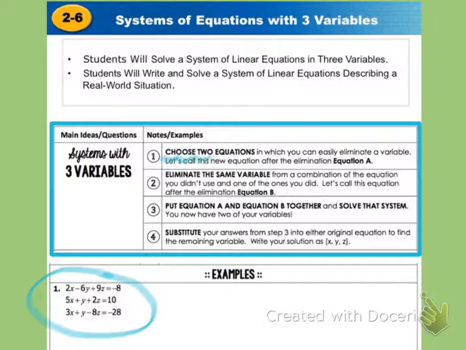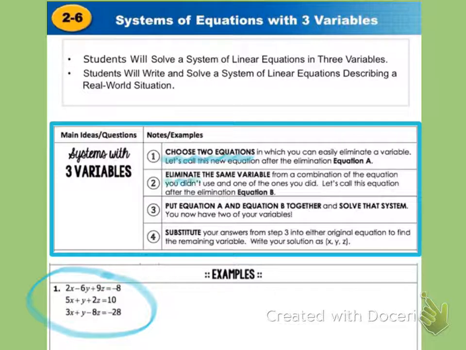We're going to choose two to focus on at a time, and try to find a pair where we can easily eliminate a variable. Let's call this new equation after the elimination equation A.